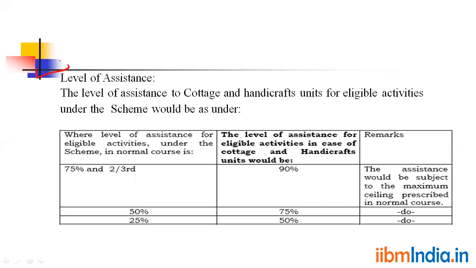Level of assistance for cottage and handicraft units: for eligible activities, the level of assistance is 75% and 2/3 in the normal course. In the case of cottage and handicraft, it is 90%.